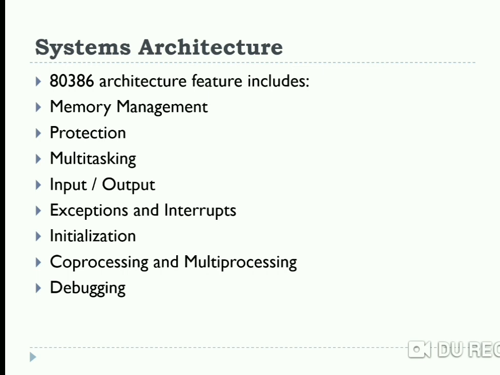Debugging is the single step debugging support for the single step exception and breakpoint exception. Previous processors also supported these features, but in the 80386 the principal debugging support is the debug register.